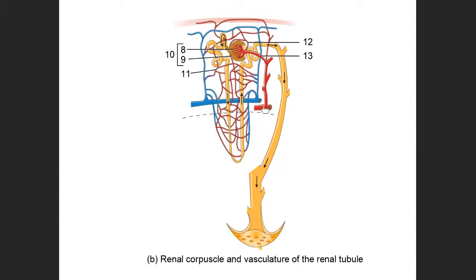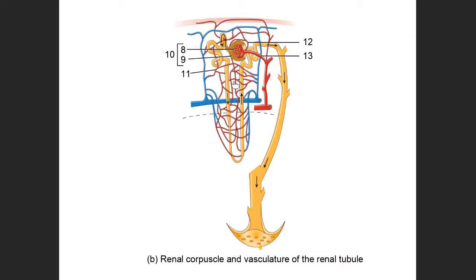I want to start from this blood vessel. Here, you have arcuate artery, then you have interlobular artery. After that, you have number 13, which is afferent arteriole, glomerulus, and number 12 is the efferent arteriole. The efferent arteriole wraps around the nephron.